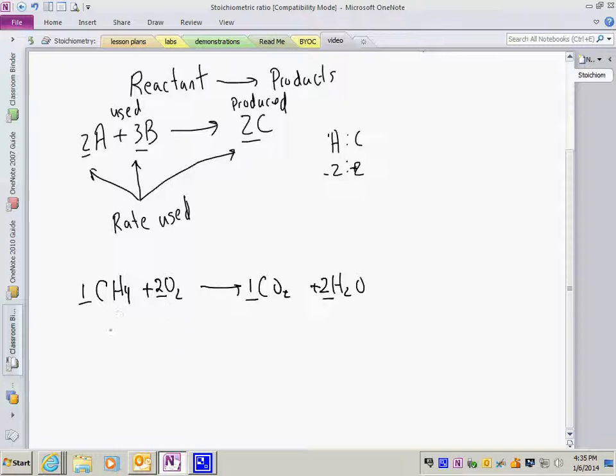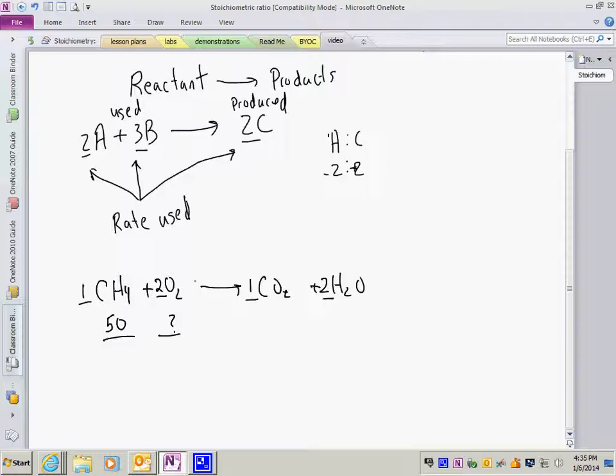Now, in this case, we are consuming both methane and oxygen together. Missing either one of these two, and the reaction will not run. If I were to give you, let's say, 50 methanes, how many of these oxygens would be needed?